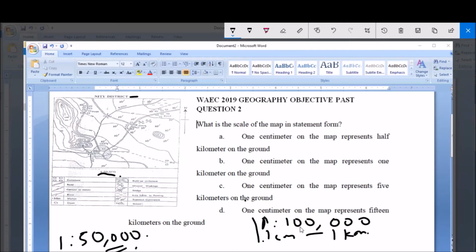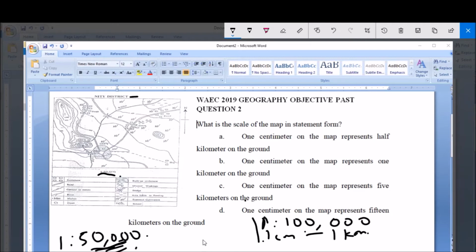So in order to convert or to know what 1 centimeter on the map stands for on the ground, you usually divide the bigger number given to you by 100,000, and that way you get the number of kilometers it represents on the ground.